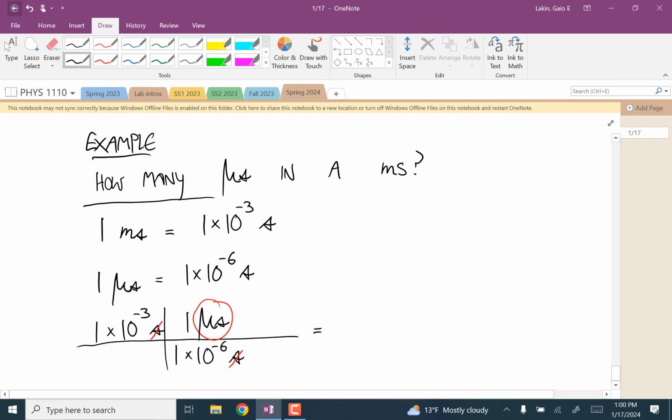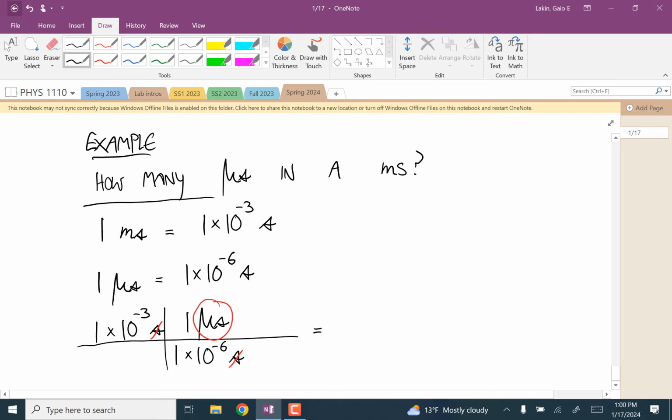And you can plug this into your calculator, but it's helpful in a few places in this class to remember how the exponent rules work. If you're taking 10 to the minus third and dividing it by 10 to the minus 6, remember that whenever you divide by something, it's subtracting the exponent. So we're starting with an exponent of minus 3.